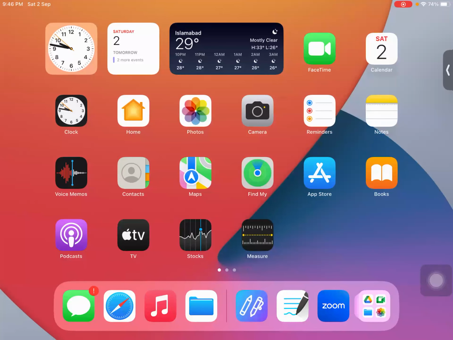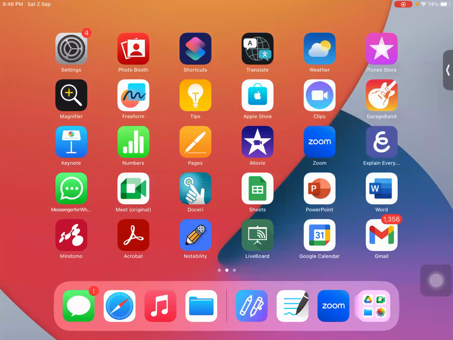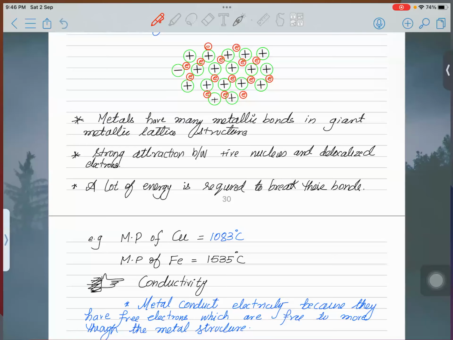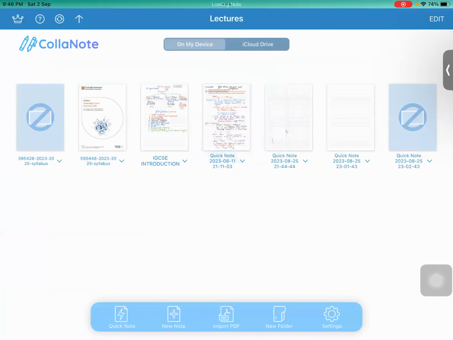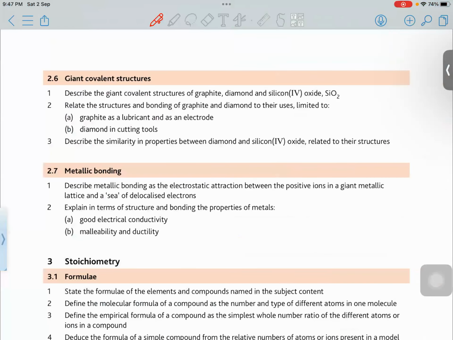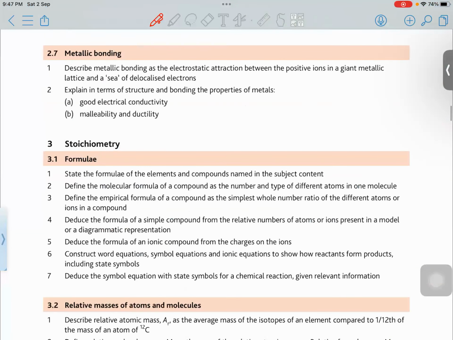Now look at the syllabus again. Here we have the syllabus. So we have completed metallic bonding. So the chapter is closed.